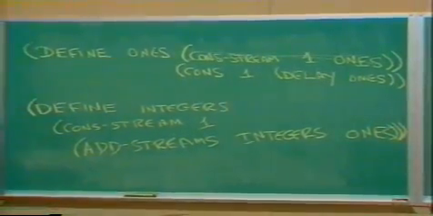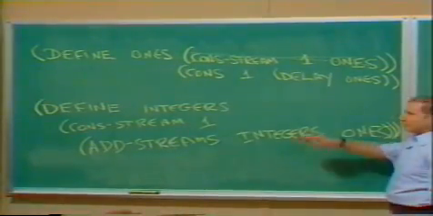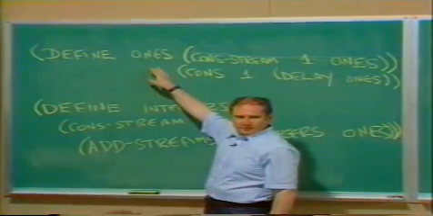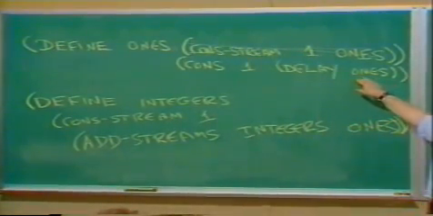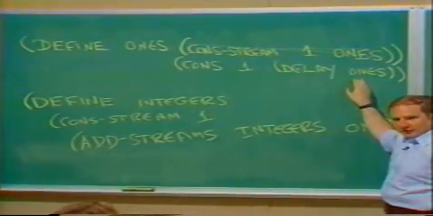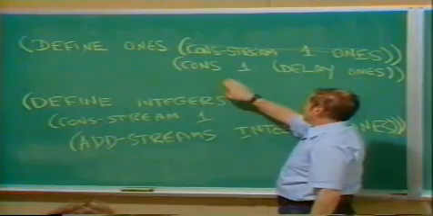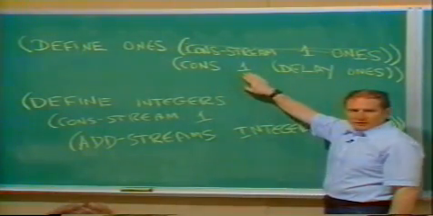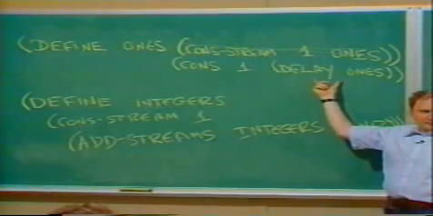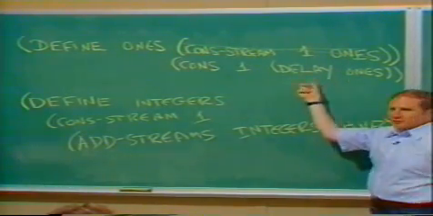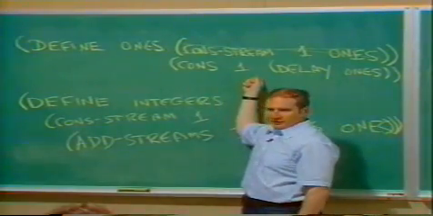So how does that work? I'm going to define ones. First, I see what ones is supposed to be defined as. Well, ones is supposed to be defined as a cons whose first part is 1 and whose second part is a promise to compute something that I don't worry about yet. So it doesn't bother me that at the point I do this definition, ones isn't defined.